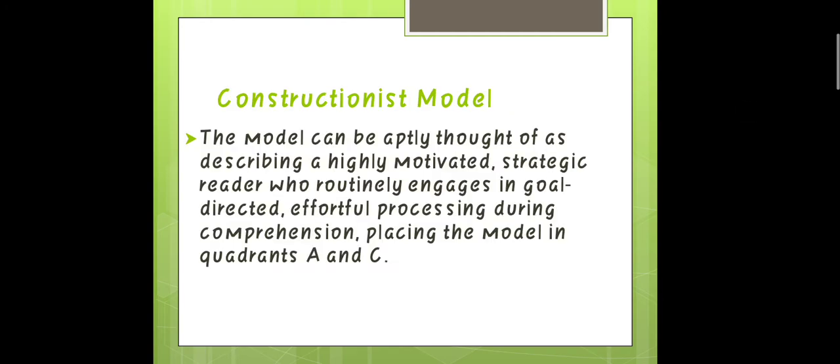The model can be aptly thought of as describing a highly motivated, strategic reader who routinely engages in goal-directed, effortful processing during comprehension. The model specifies inference and evaluative processes that support comprehension, and this places the model in quadrants A to C. For these quadrants, we have here a representation of a plane.